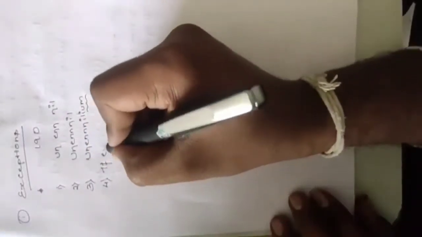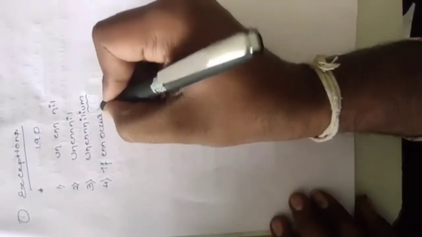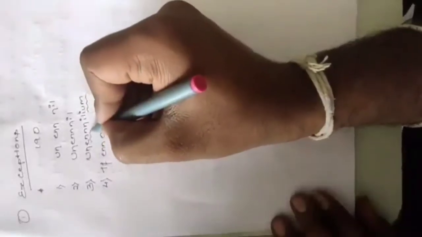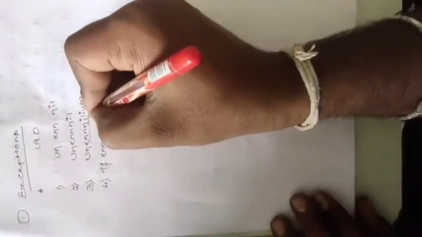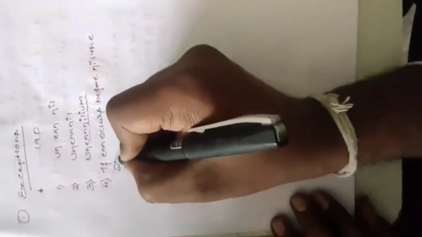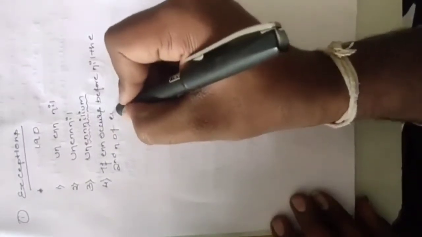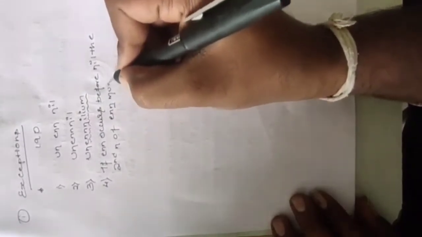Next, the fourth: for some of the elements we are taking exceptions. If n occurs before nil, the second n of enn must be removed. Means this n must be removed.